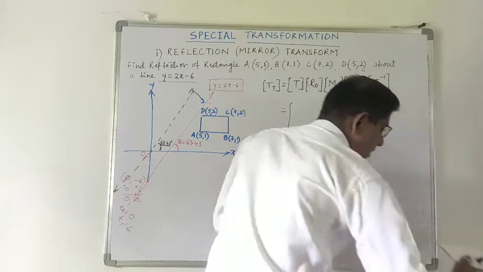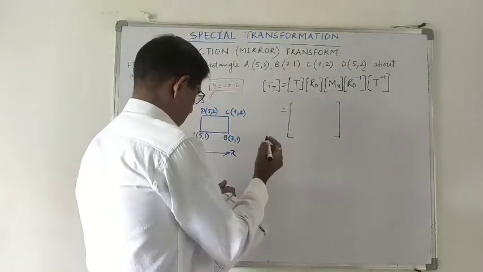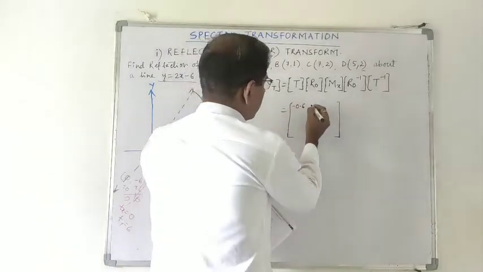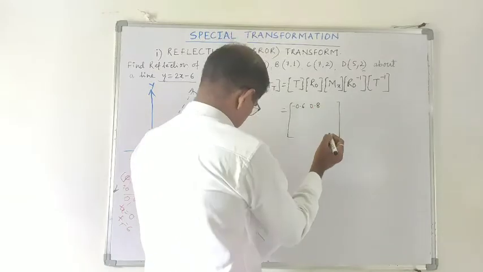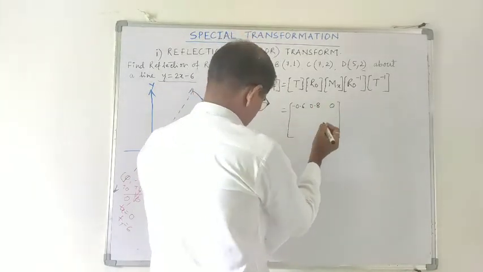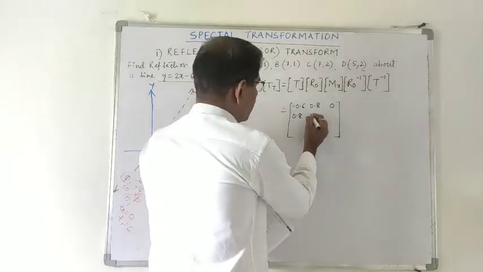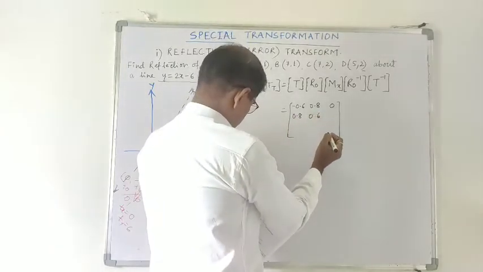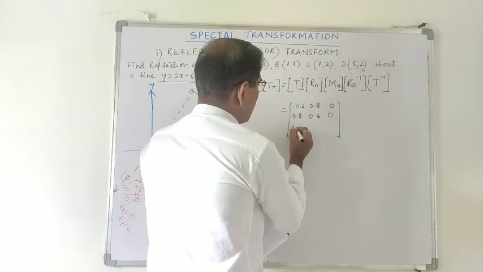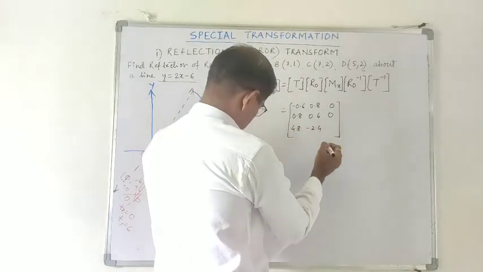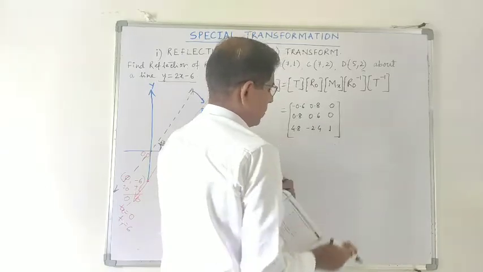So it will be minus 0.6, 0.8, 0, 0.8, 0.6, 0, 4.8, minus 2.4, 1. Okay.